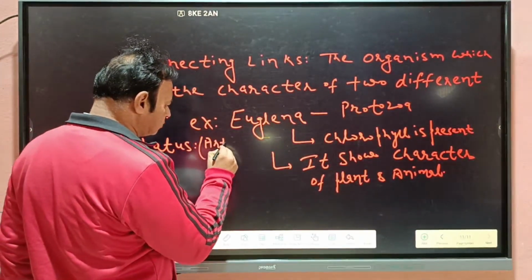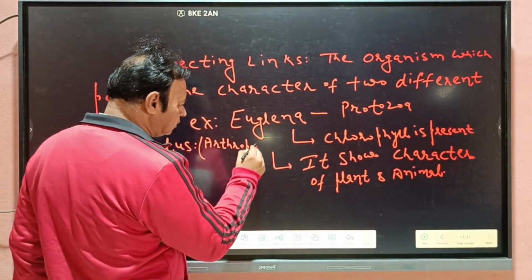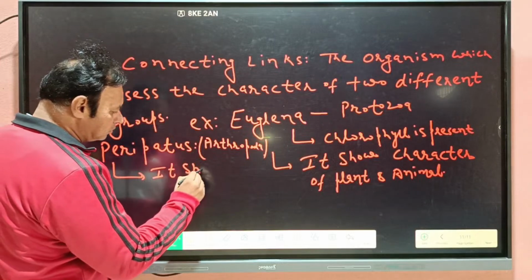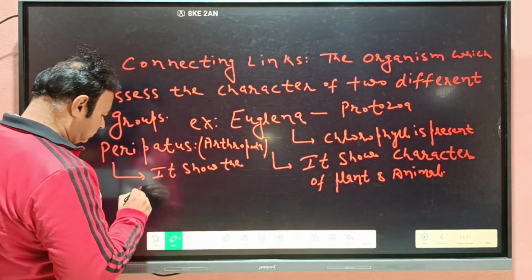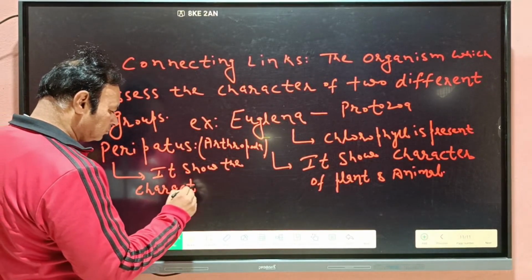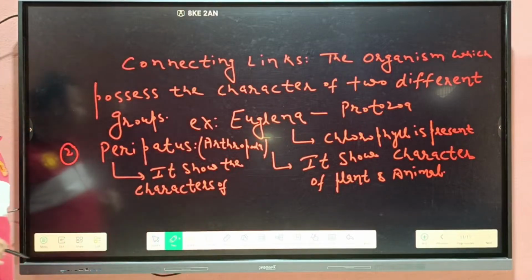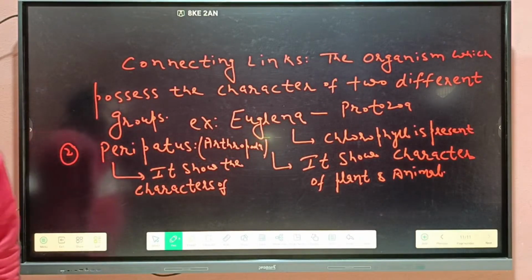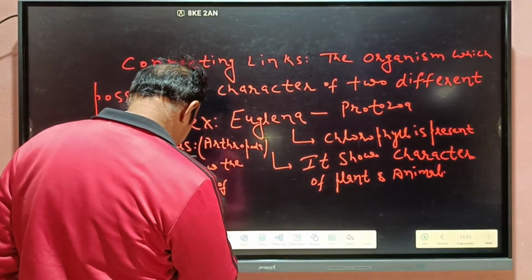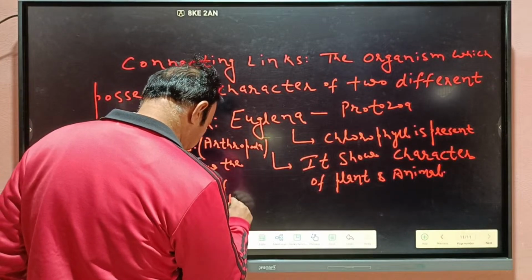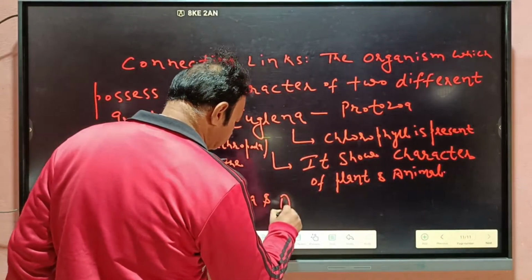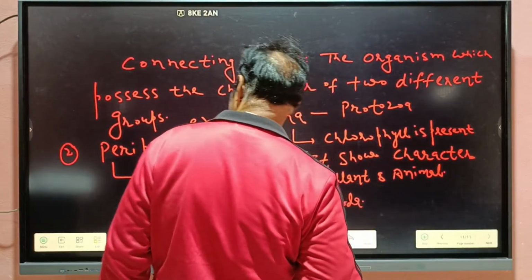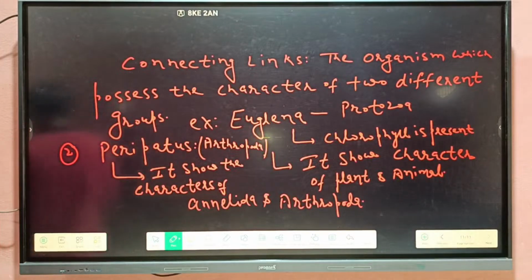It shows the characters of Annelida and arthropoda. So Peripatus is also an example.